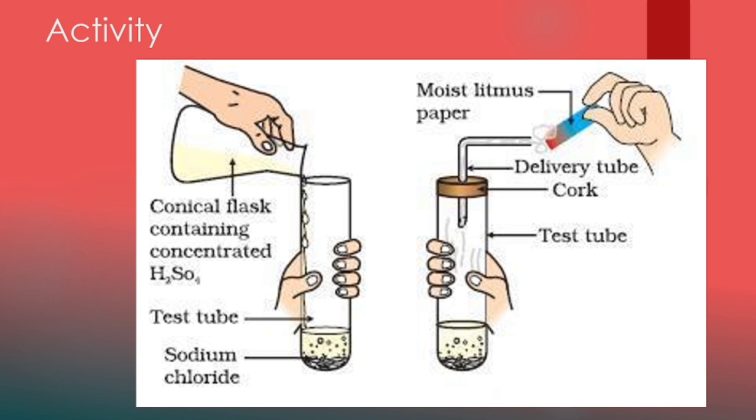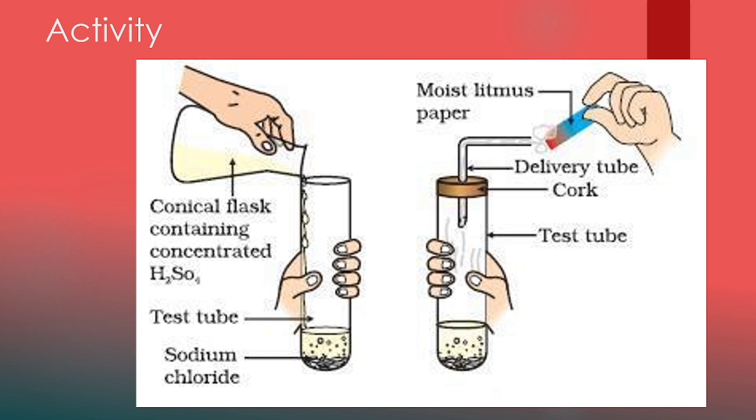So you have to be very careful in adding sulfuric acid. Then after that you have to fit a rubber cork with a small glass delivery tube in the mouth of the boiling tube, and the concentrated sulfuric acid in the boiling tube reacts with sodium chloride to form hydrogen chloride gas. The hydrogen chloride gas starts coming out of the open end of the glass tube.